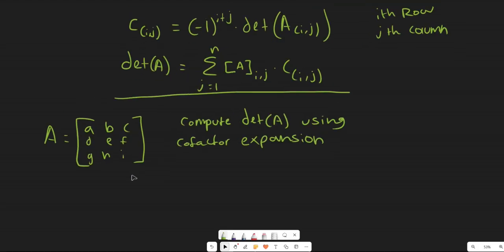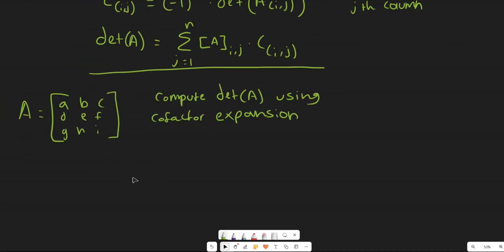So let's go ahead and start by computing the relevant cofactors. We're going to use the same method. For the cofactor of 1, 1, I'm going to block out this column and this row, and that's just going to leave this here.